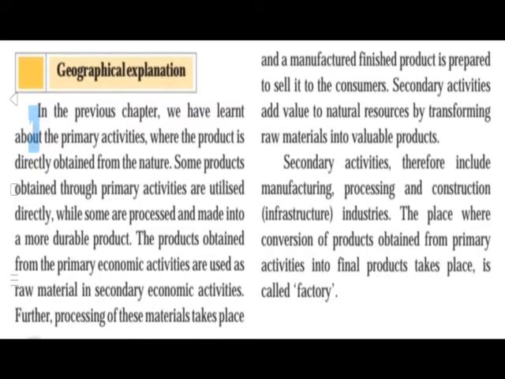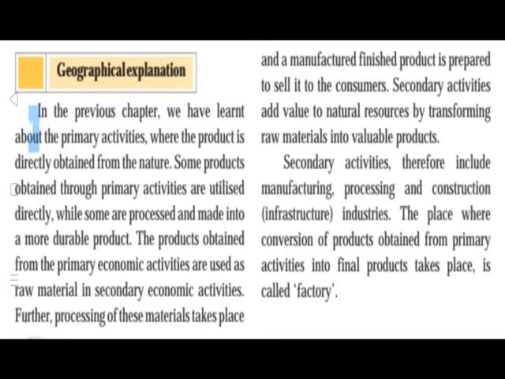Everything in this chapter deals with manufacturing or producing goods at the second stage, as in manufacturing cloth from cotton. Cotton is got from primary activity, but when it is manufactured into cloth, it becomes a secondary activity.